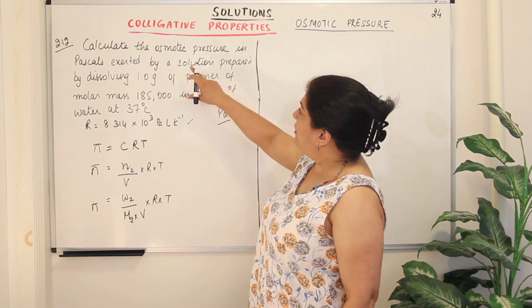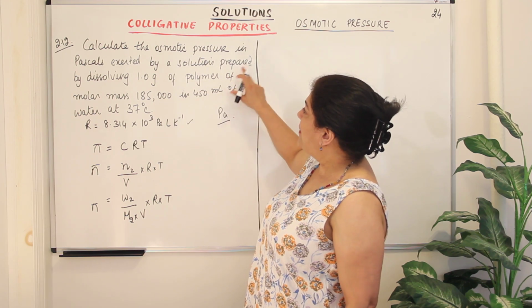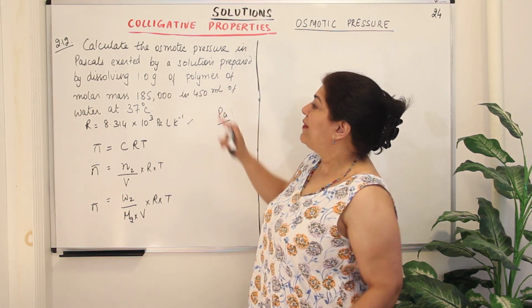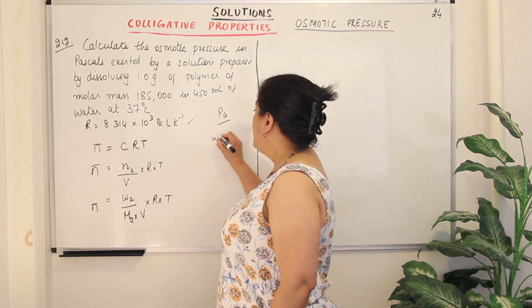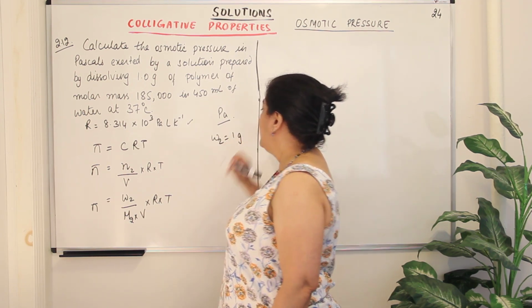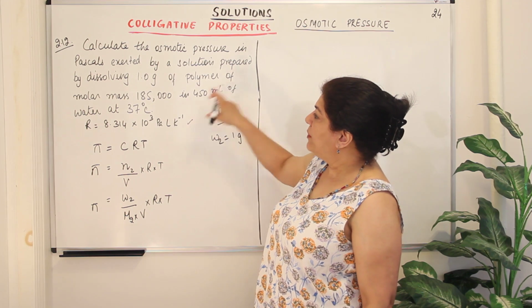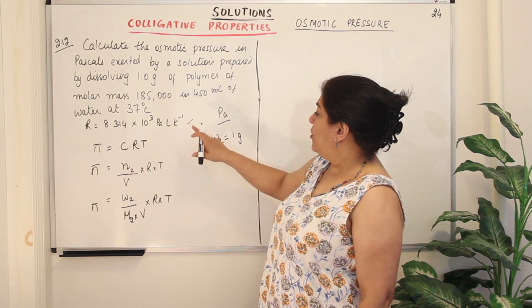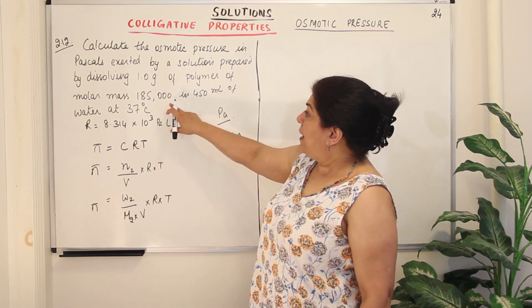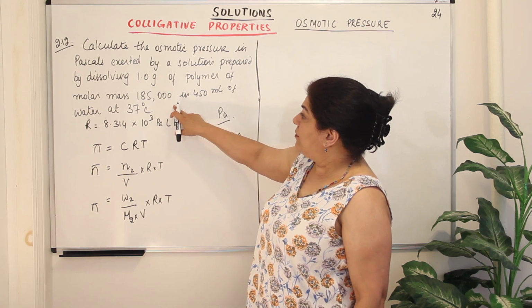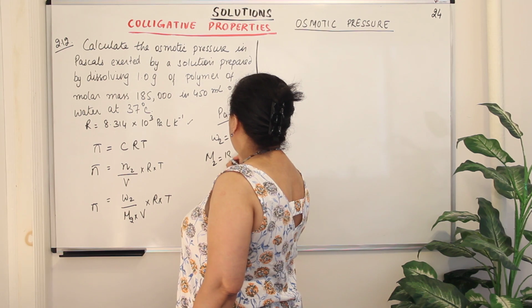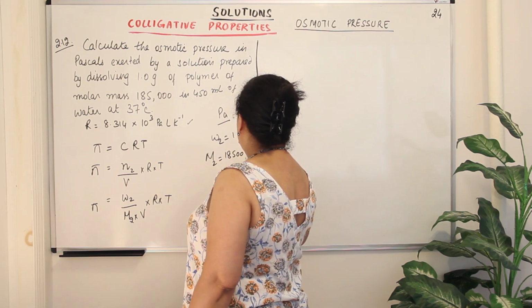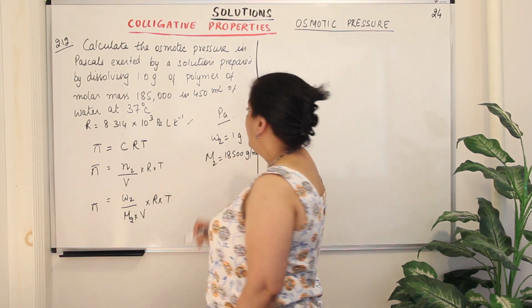So you have to calculate the osmotic pressure in pascals exerted by a solution prepared by dissolving 1 gram of polymer. Now the polymer is the solute, and therefore W2 is equal to 1 gram. Its molar mass M2 is given to us, which is 185000 grams per mole, right?